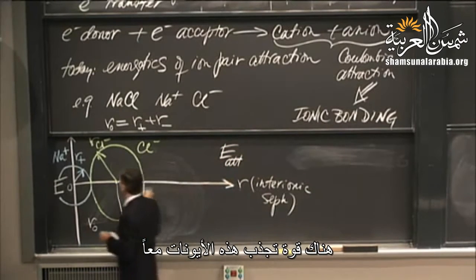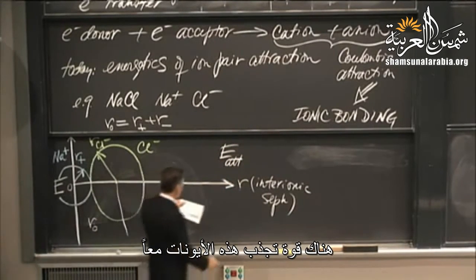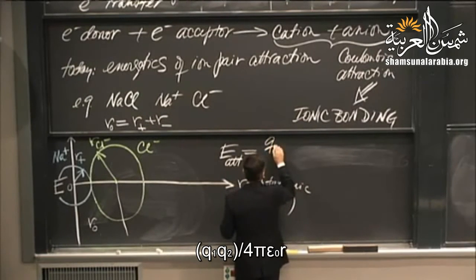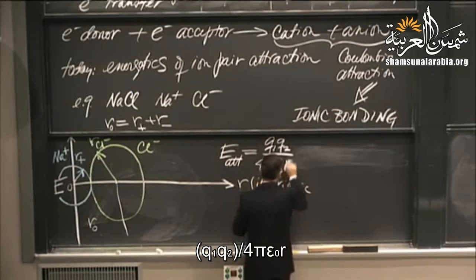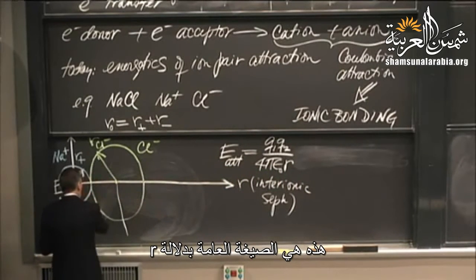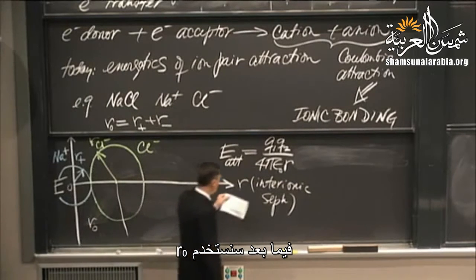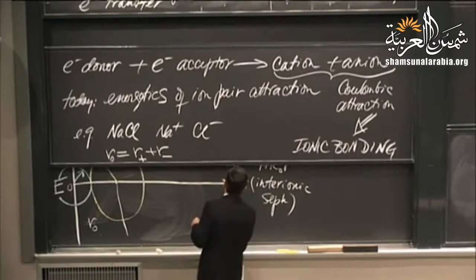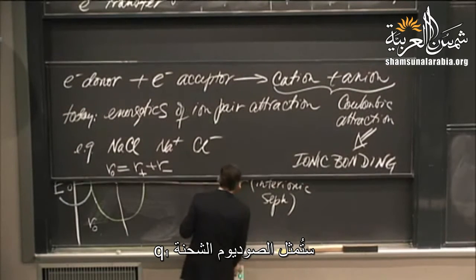There's a force that attracts these two ions together, and that's given by Coulomb's law. So that's the product Q1, Q2 over 4 pi epsilon 0 R in general. I'm making this as a function of R, and then we're going to figure out how to get to R naught. Q1, I'm going to make that the sodium.